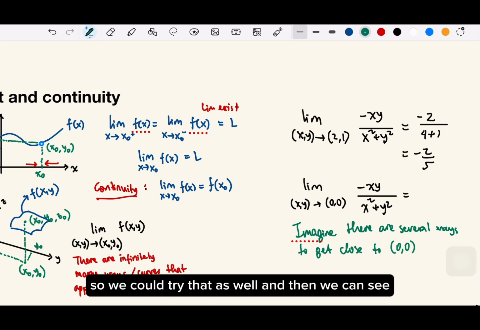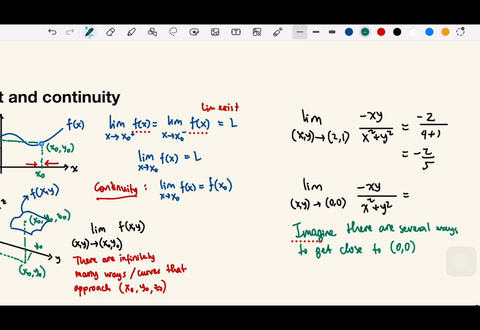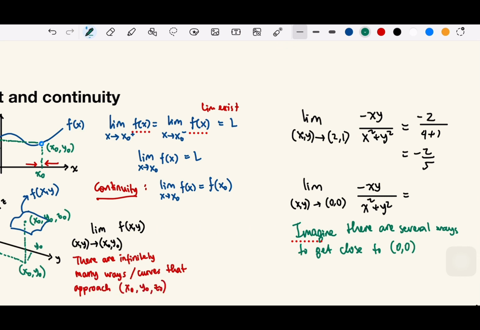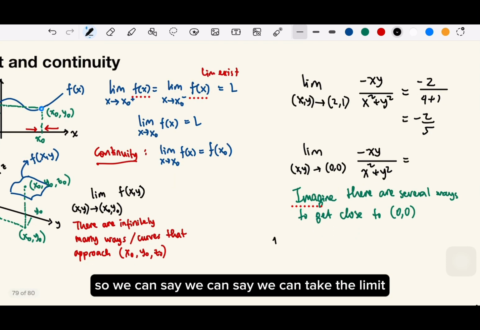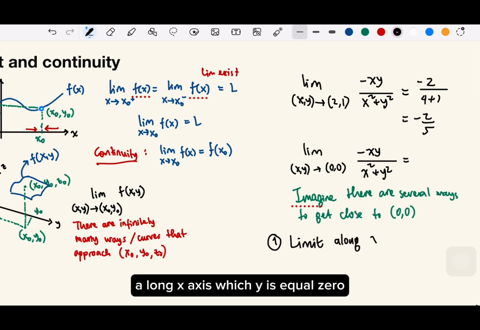So we could try that as well, okay? And then we can still see that they are at least trying to approach 0, 0. Okay? So we can take the limit along the x-axis, where y is equal to 0.